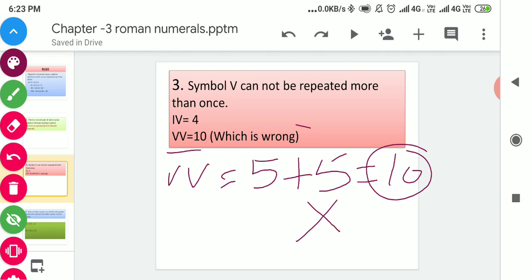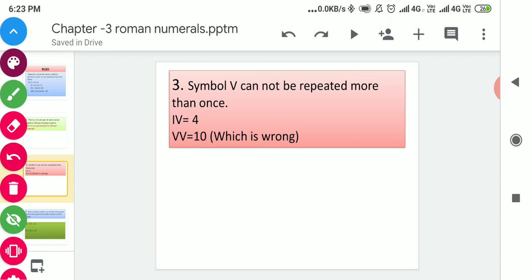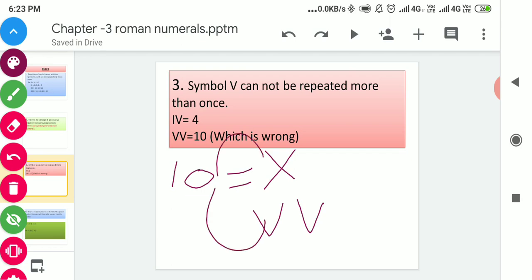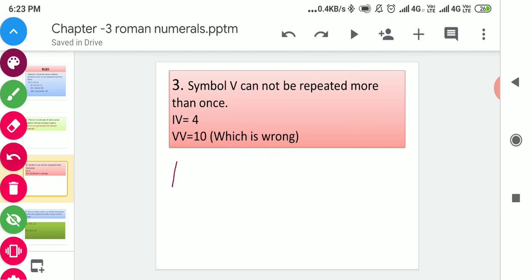It means this is wrong. V cannot be repeated, because for any number there are no 2 symbols. That is, the value of 10 is X, and if we write the value of 10 as VV, it will come as 2 symbols, and there is no 2-symbol form for a single number. It means this VV is wrong.